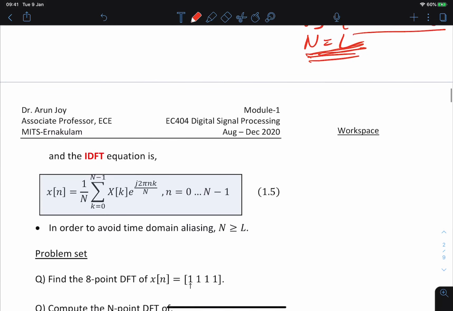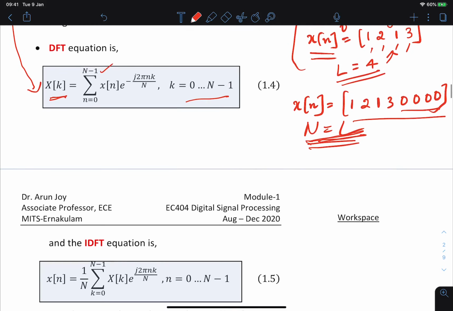Similarly, given X of k, if you want to get x of n, you do the inverse discrete Fourier transform. That is this particular expression, just taking it to the other side, and you will get a similar equation. Here also note n equal to 0 to N minus 1.